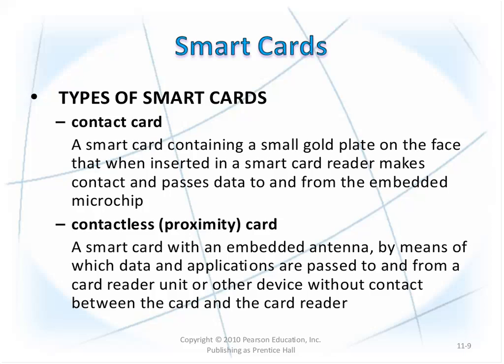So there is no need to touch the reader. They can contact each other in the wireless environment. Wirelessly, they can read and transfer the data and information. So we have contact and contactless cards.